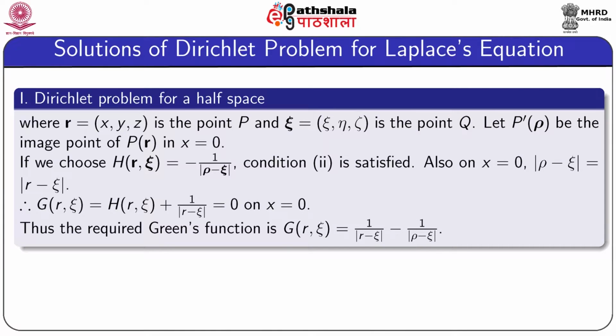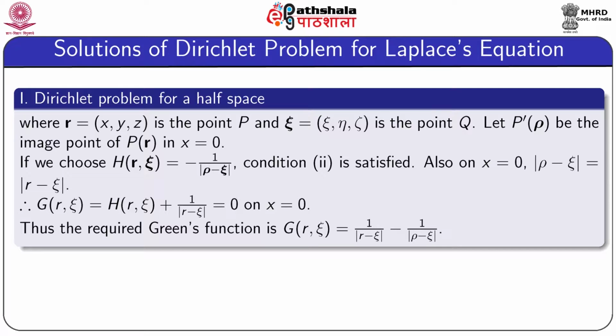Now, with this choice of P dash, we choose the expression for the function capital H as capital H equals minus 1 divided by mod rho minus xi. So, if we choose this condition, the expression for capital G becomes capital G equals minus 1 by mod rho minus xi plus 1 by mod r minus xi.